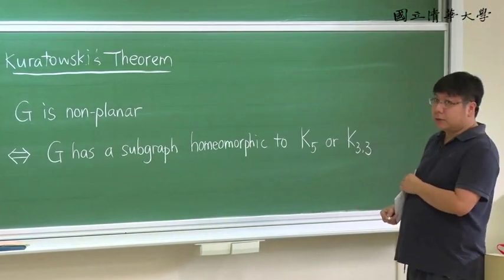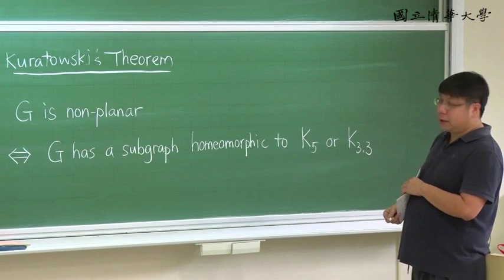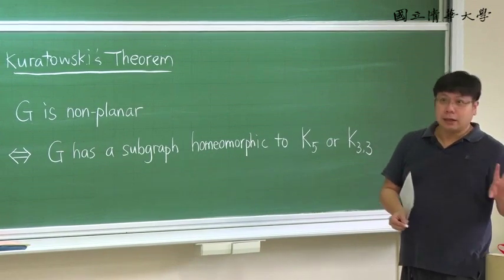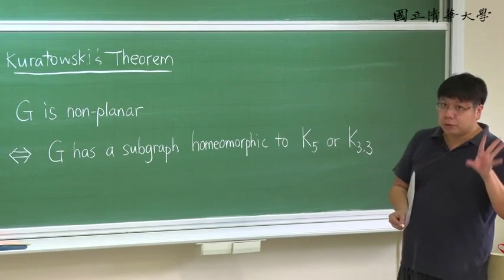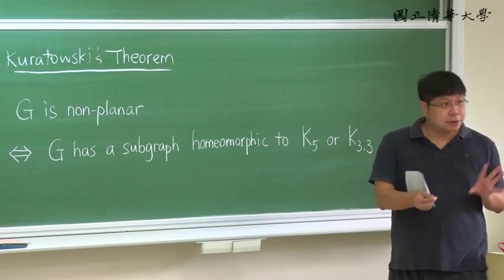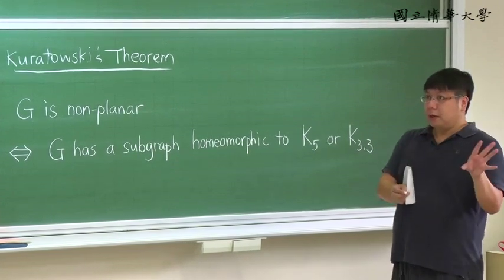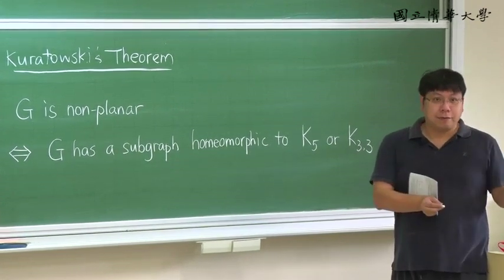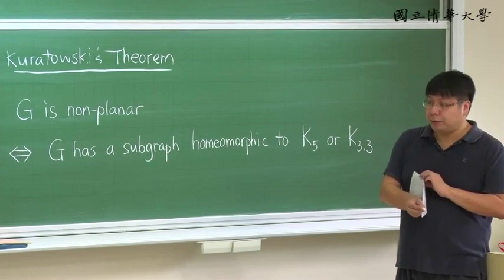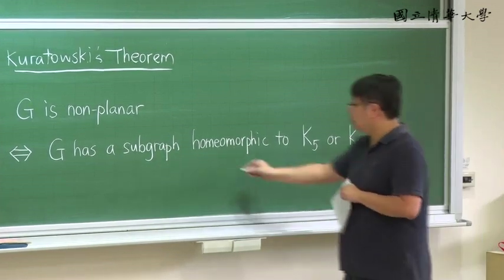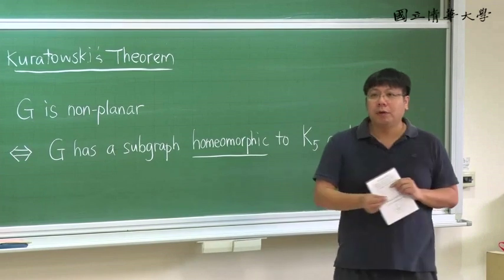The theorem is very, very simple. It says that if a graph is non-planar, it must be true that in a certain part of this graph, there is a subgraph, and this subgraph looks like a K5, or it looks like a K33. So what is meant by look like? We define look like by homeomorphic.